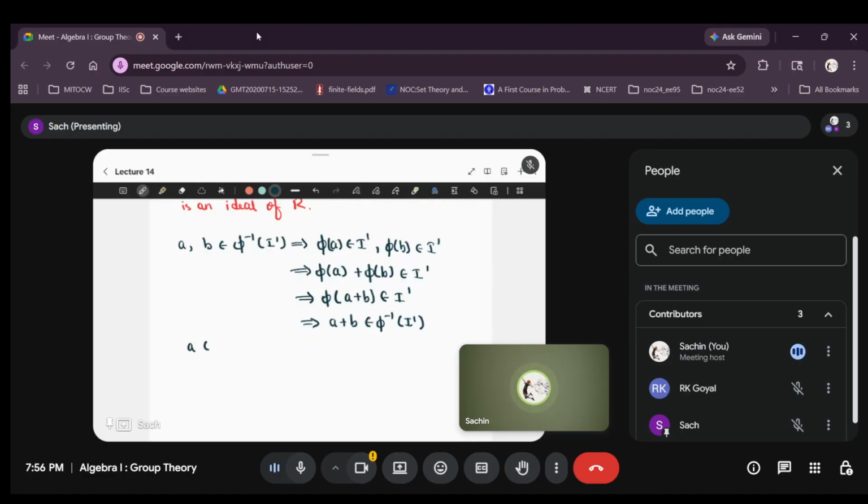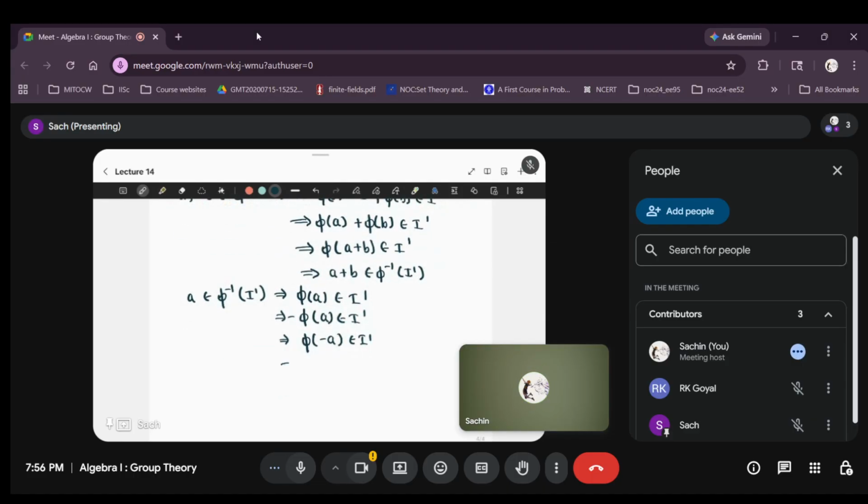So if A is in the phi inverse of I prime, then phi of A is in I prime, then minus phi of A is in I prime. Minus phi of A is phi of minus A, so this is in I prime, which implies minus A is in phi inverse of I prime. So you have checked the closure and additive inverse.